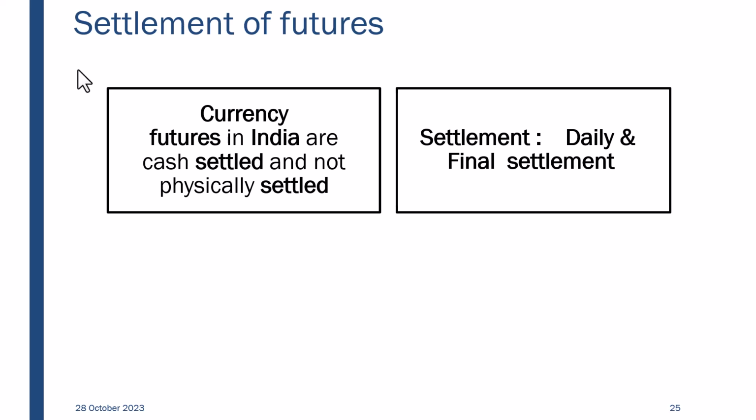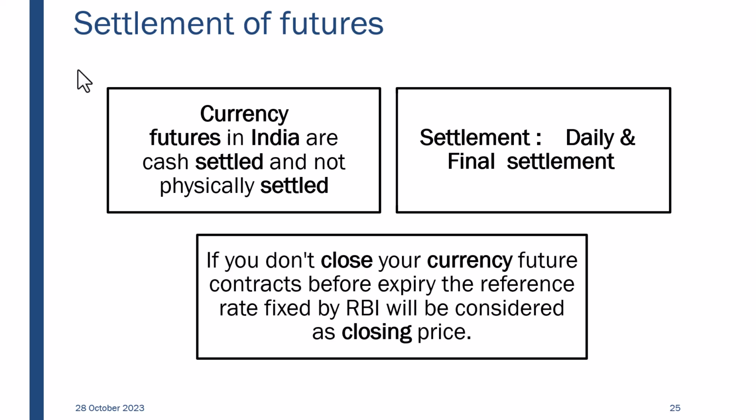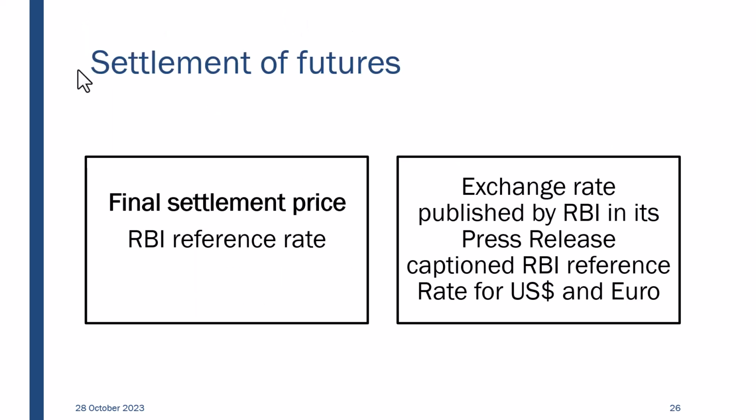If you don't close your currency futures contracts before expiry, the RBI reference rate will be considered as the closing price. Either you can close your transaction before expiry, squaring up the position as we did in the case of speculation, or if you don't do anything, your transaction will automatically get closed at the RBI reference rate. Either you make a gain or a loss, depending on what RBI has announced.